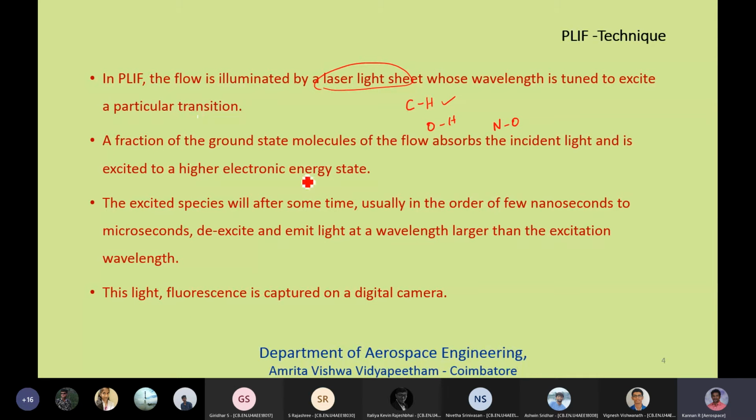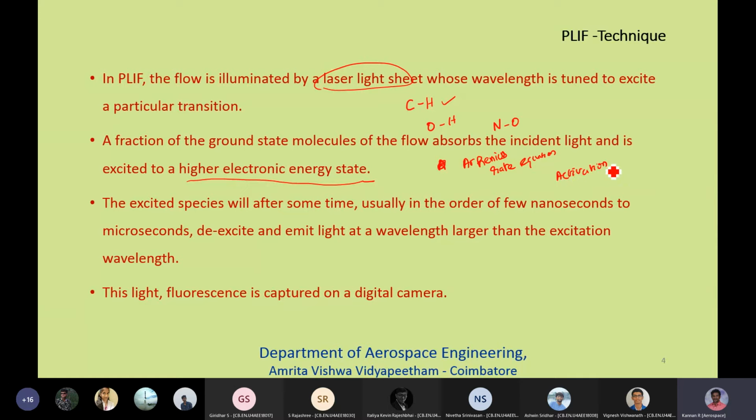What will happen after excitation with the laser light? A fraction of ground state molecules of the flow absorbs the incident light and is excited to a higher electronic energy state. You might have already studied this in your propulsion course: the Arrhenius rate equation and also activation energy, because it's related to that.